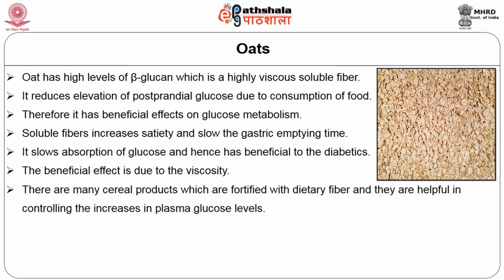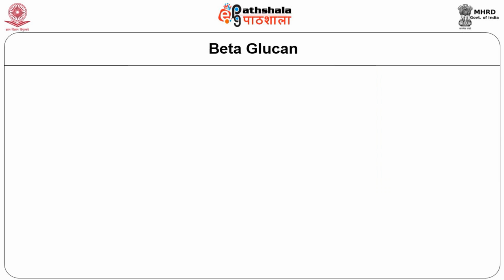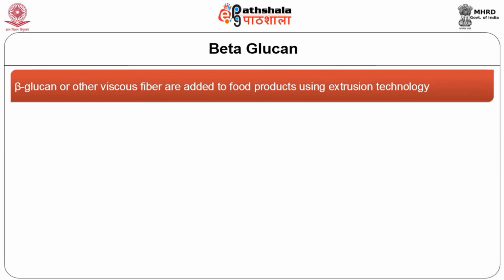There are many cereal products that are fortified with dietary fiber, and they are helpful in controlling the increases in plasma glucose levels. Beta-glucan is the active ingredient or the viscous fiber that is present principally in oats and some other cereal products, and these are also added to some food products using extrusion technology.